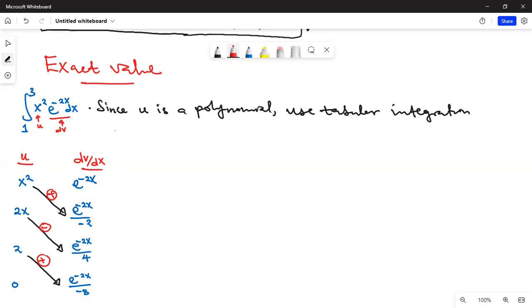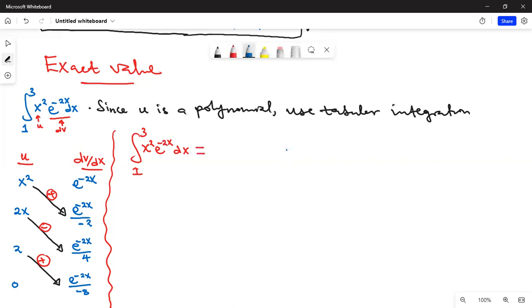So therefore, the integral from 1 to 3 of x squared exponential negative 2x dx is the same as, let's start with the first arrow.